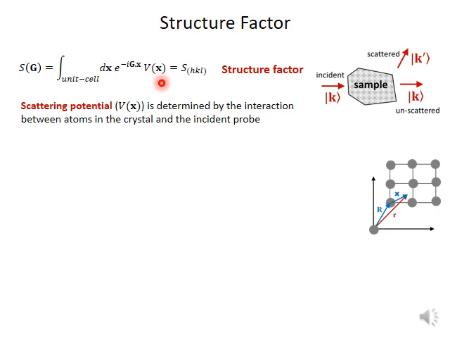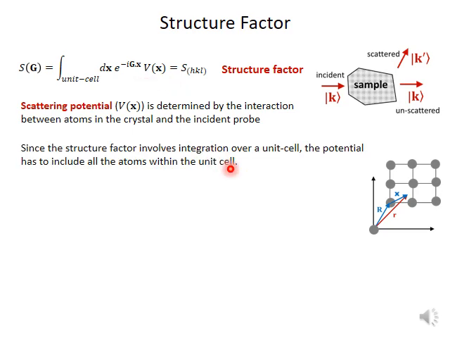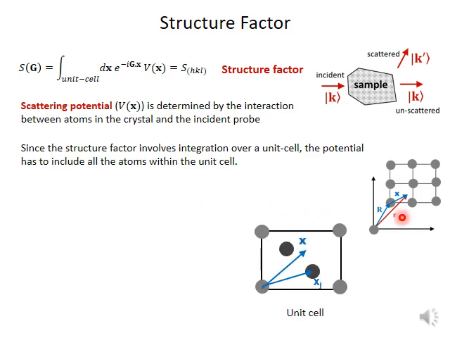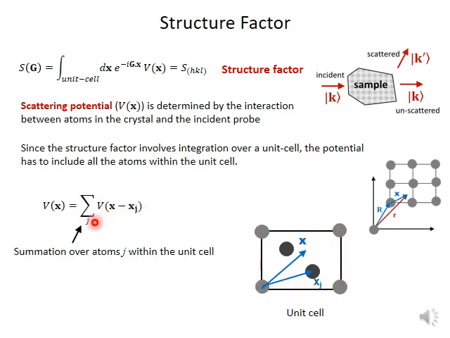And we would see in the next slide what kind of different scattering potentials you can have. But to make this clear, the scattering potential has to be within a unit cell. So what I have here is a defined unit cell, slightly different from here, but to prove the point. The scattering potential for such a unit cell would be something like this. You have a sum in this scattering potential, and this sum is over j.